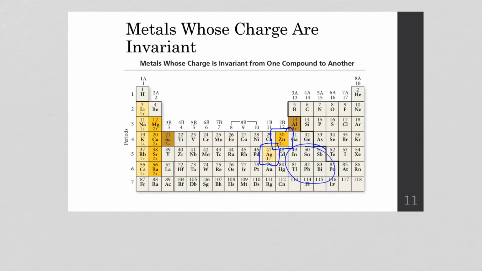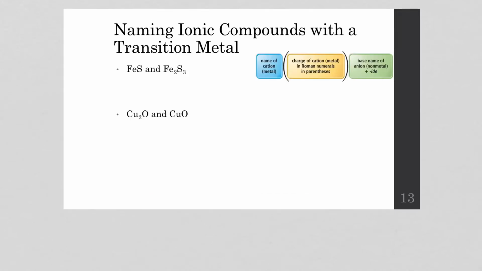So, for any of these metals, we can use that simple naming system that we just practiced. But what if we have one of these other metals? How do we know what the charge is? We can't predict the charge based on the location in the periodic table. So how do we do it? Well, we can predict the charge on the metal by the nonmetal, and we can identify the charge in the name by adding one extra part to our name.